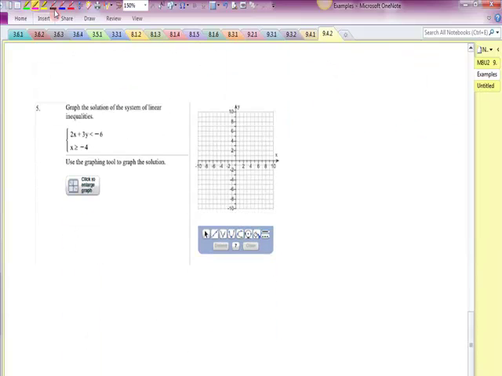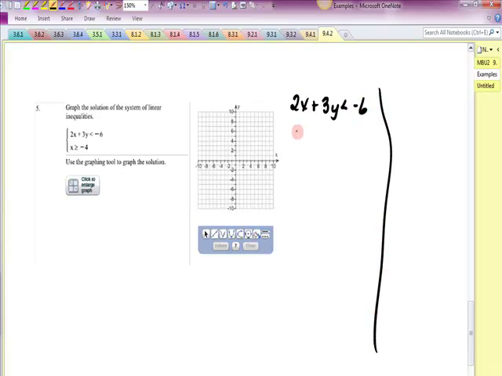All right, last one. I have 2x plus 3y is less than negative 6. Subtract 2x. I have 3y is less than negative 2x minus 6. Divide everything by 3.